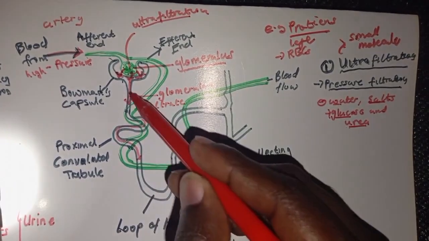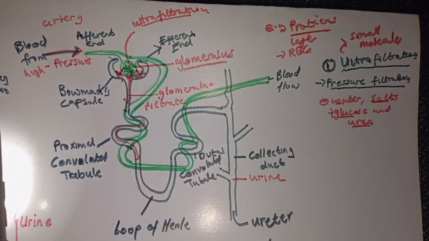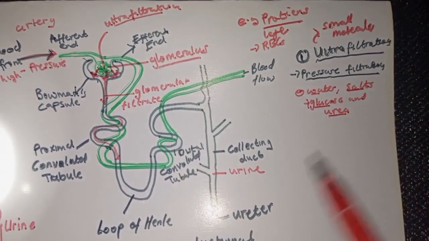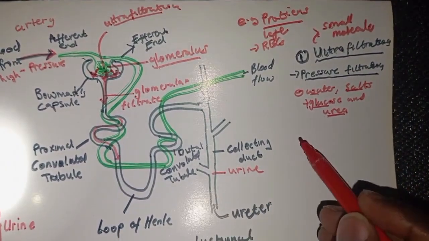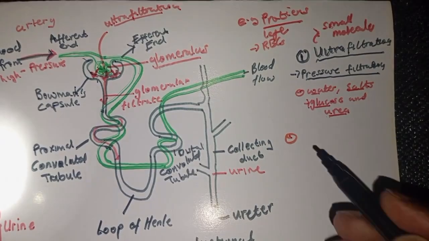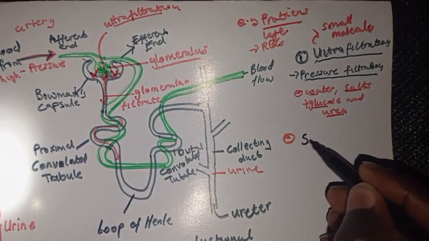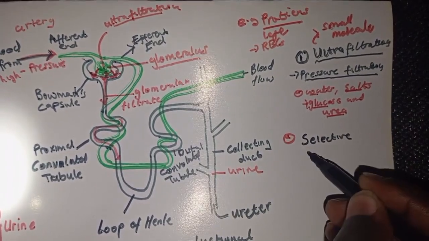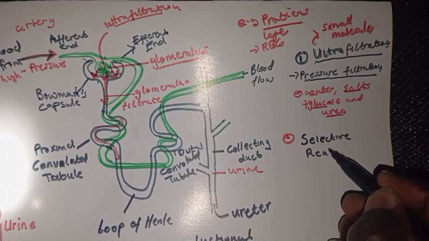What is coming out contains, what did we say? It contains water, salts, glucose, and urea. Now this leads us to the next process, which we call selective reabsorption.